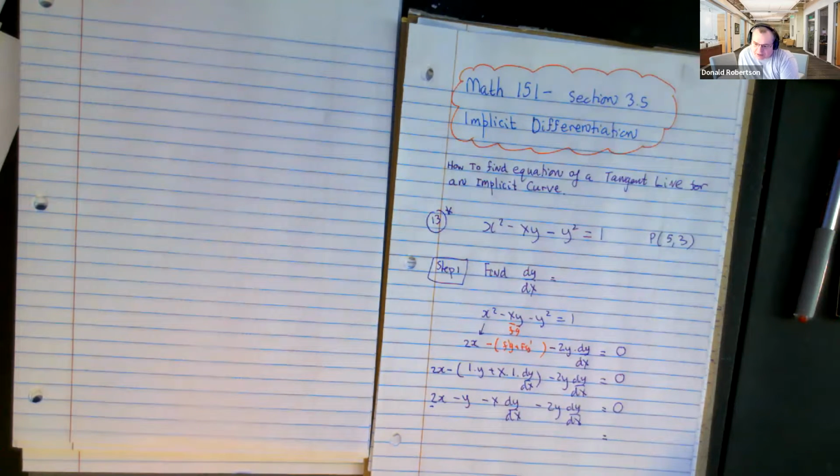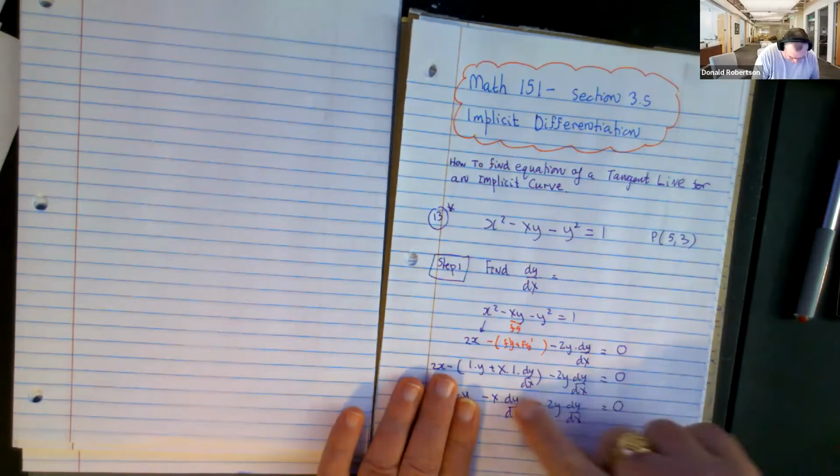At this point, don't we have to figure out how to solve for dy by dx? As long as you do it to both sides, it's okay. Tell me what I can do to both sides. Remember, our goal is to solve for dy by dx eventually.